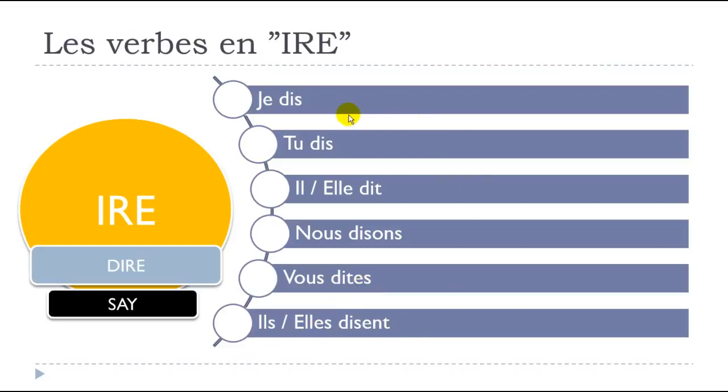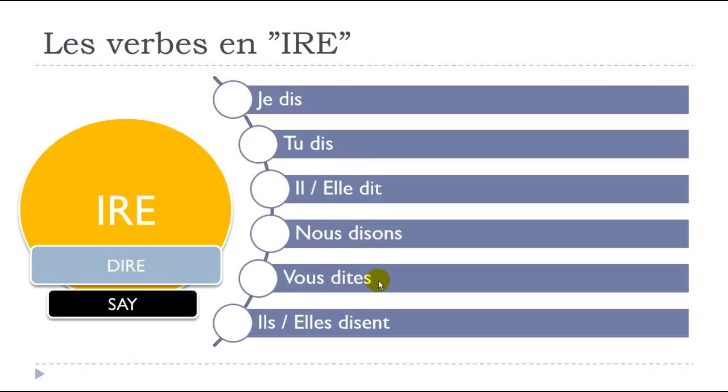Alright, so let's see that one more time. Je dis, tu dis, il dit, elle dit. Basically here it's not that difficult, because I'm pretty sure that most of you would, without knowing that, try to conjugate it and put these forms. Then nous disons. So far it's quite logical, but this is the tricky thing here.